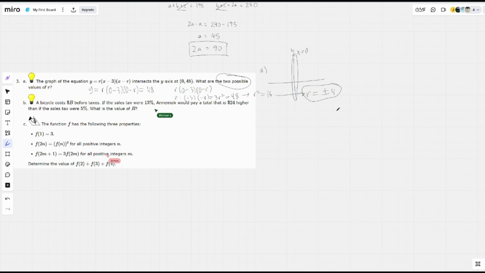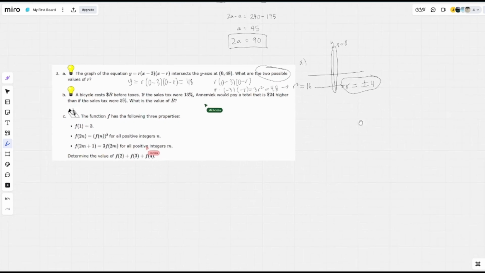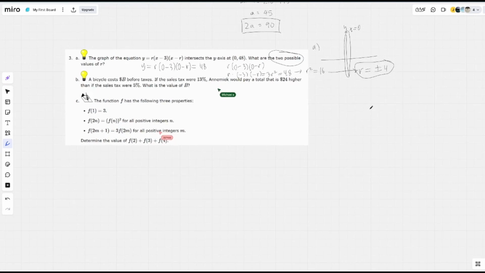Okay, now we can proceed to part B. So this bicycle costs this amount of money before tax. Sales tax was 13%, and this guy would like to pay a total that is $24 higher than if the sales tax was 5%.